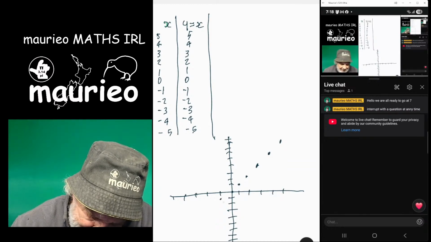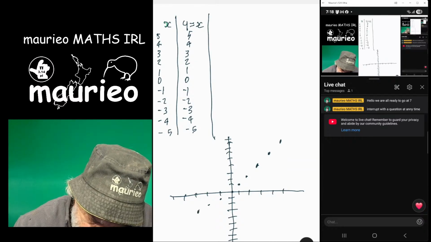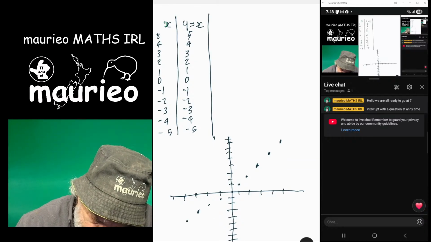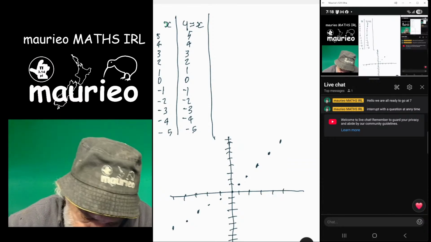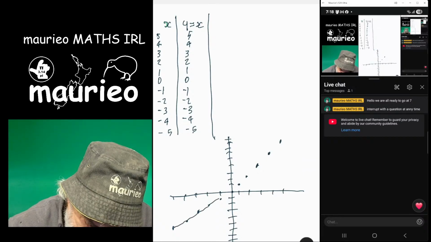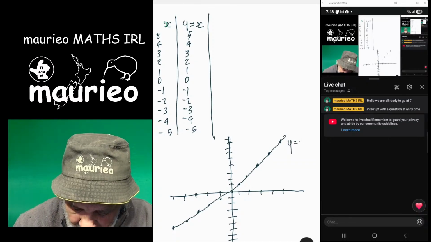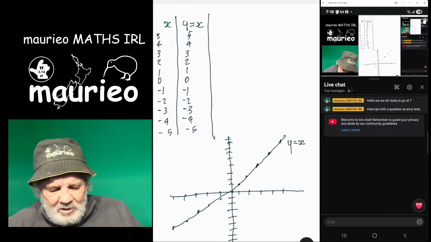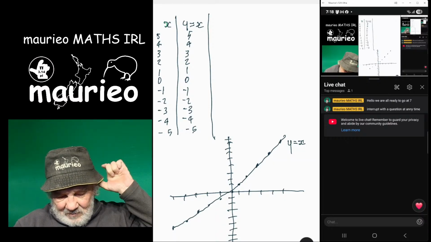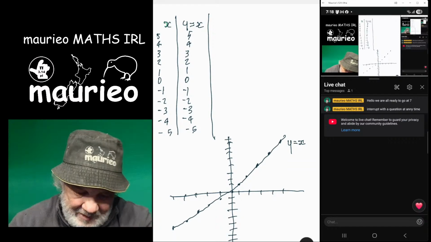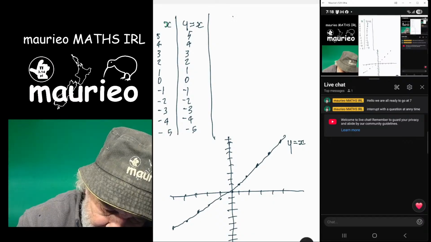And you can see what's happening there. We get a straight line, and I think you can probably work out that it would be at 45 degrees there.